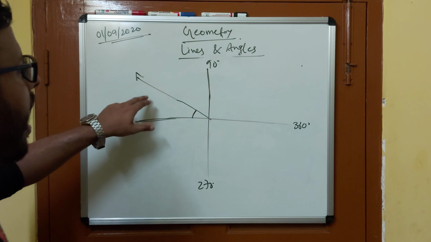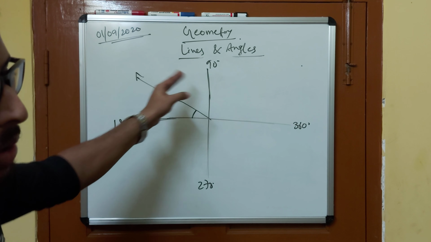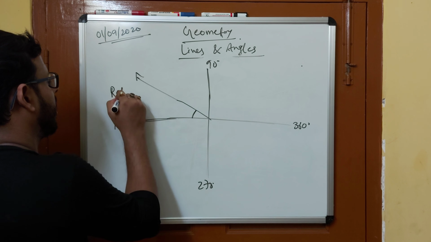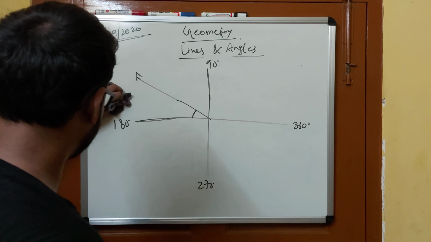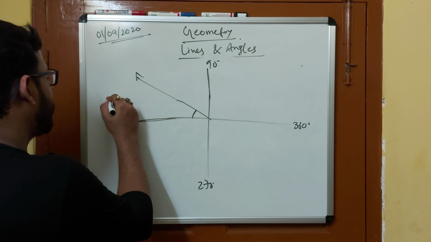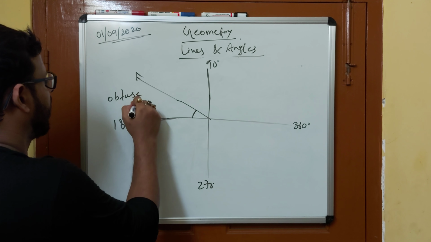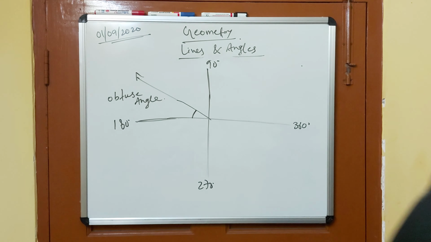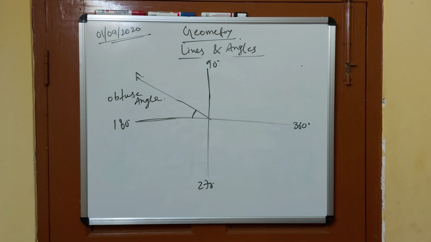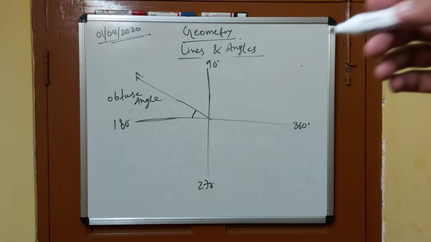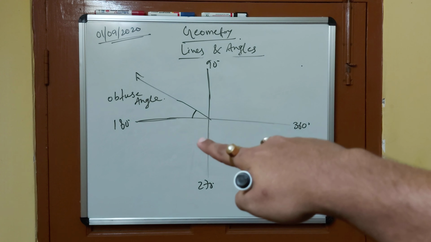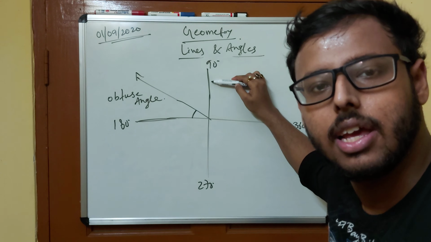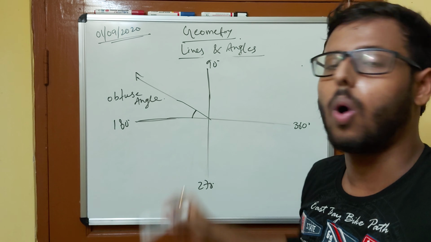Now the angle which is greater than 90 degree but less than 180 degree is known as, sorry, I'm sorry, is known as obtuse angle. Look, it is greater than 90 but less than 180, and is known as obtuse angle.